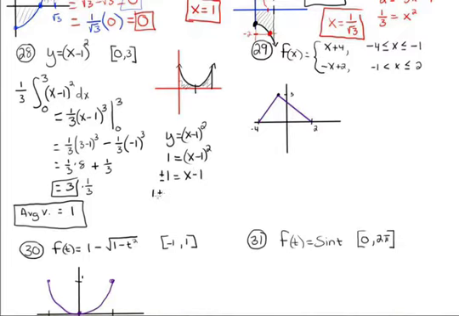Move the 1 over, and I get an answer of 1 plus 1, so I get x equals 2, and 1 minus 1, which is 0. So these are the two places. So my average height of 1 happens here, and then it happens right over here at 2.